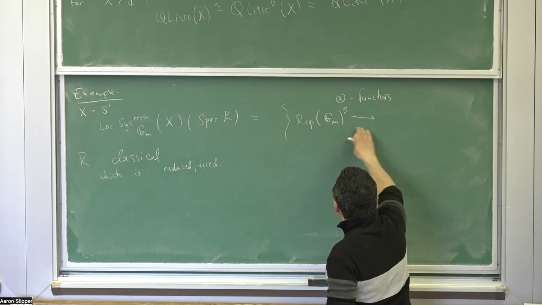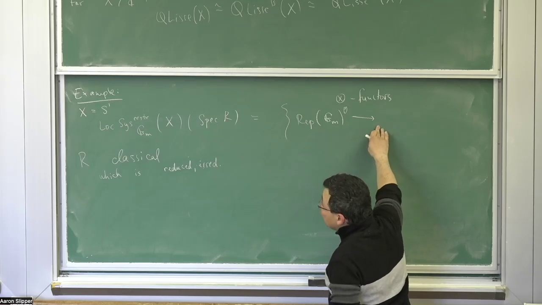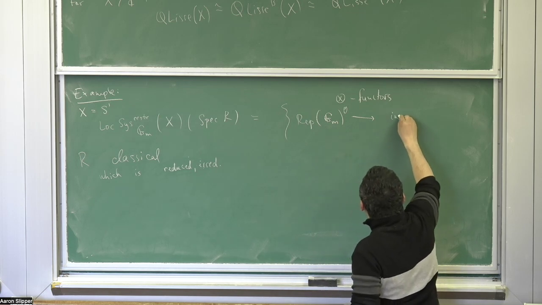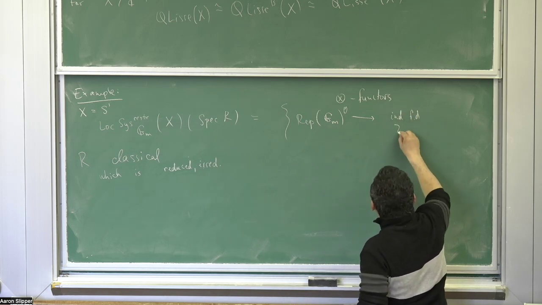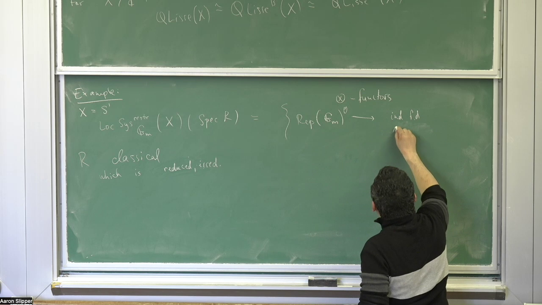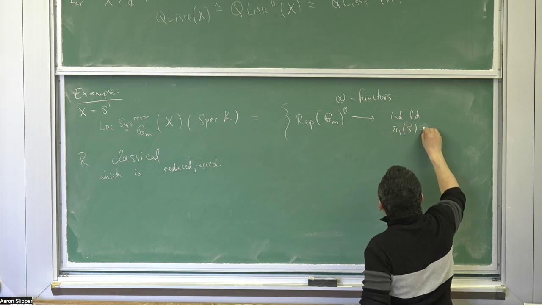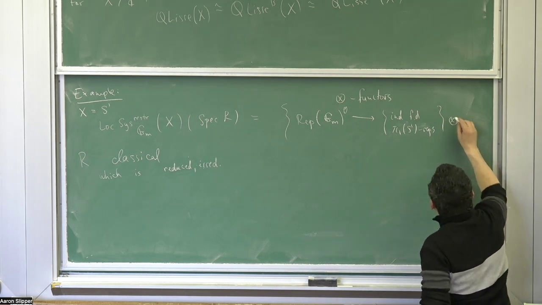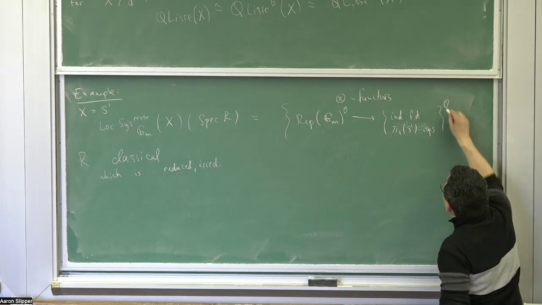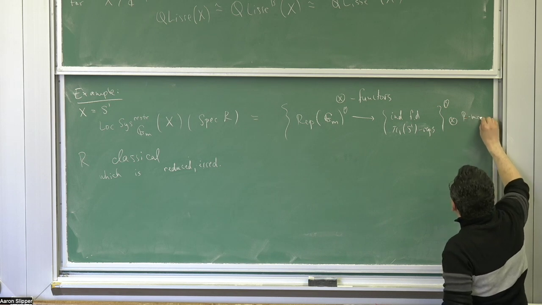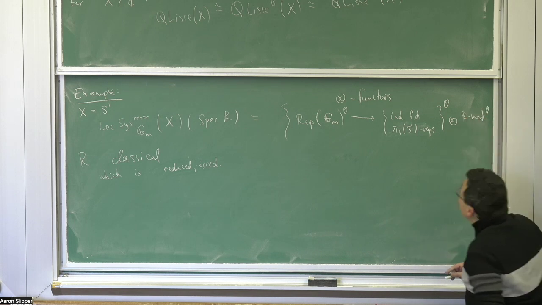So it's tensor functors from here into what? So from finite dimensional Z-modules, representations, into tensor R-modules. Right?